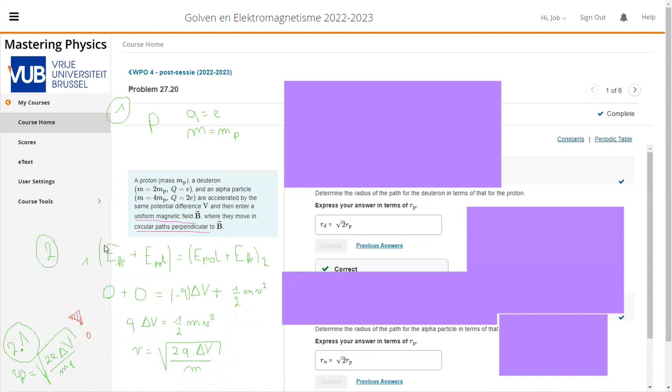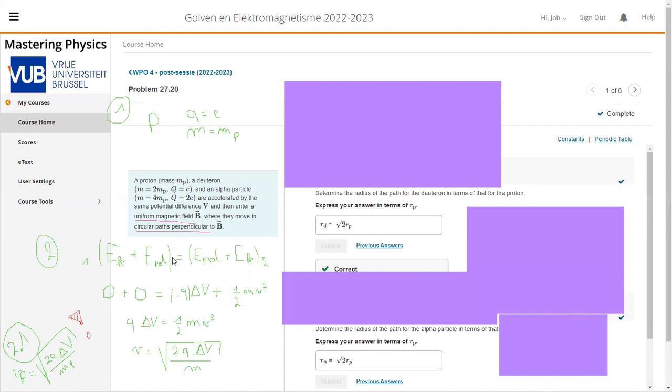In the beginning it was not moving. So in situation one, my V was 0 and my potential energy was not there, because there was no position difference.